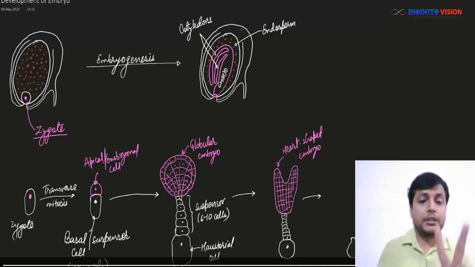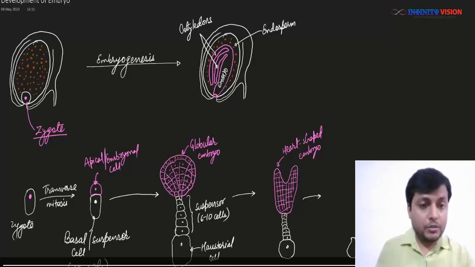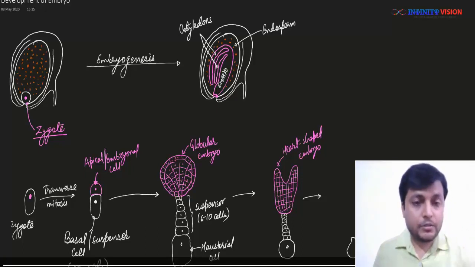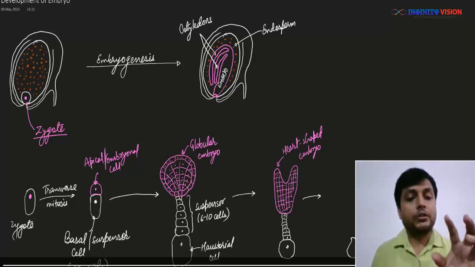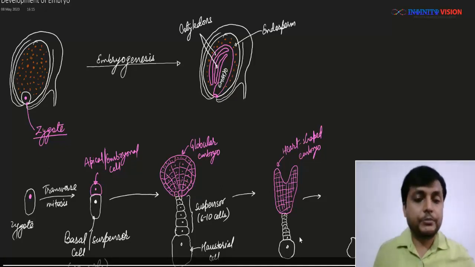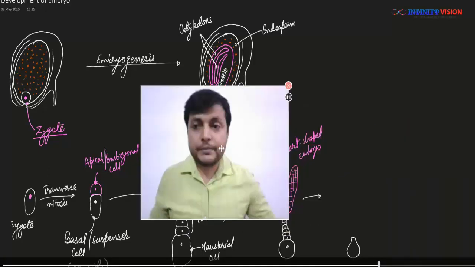These two notches coming up are the precursor of cotyledons. These are the two structures that are going to grow to form the cotyledons, and these two notches give the whole structure the appearance of a heart shape, and that's why it is called heart shaped embryo. Okay, great.